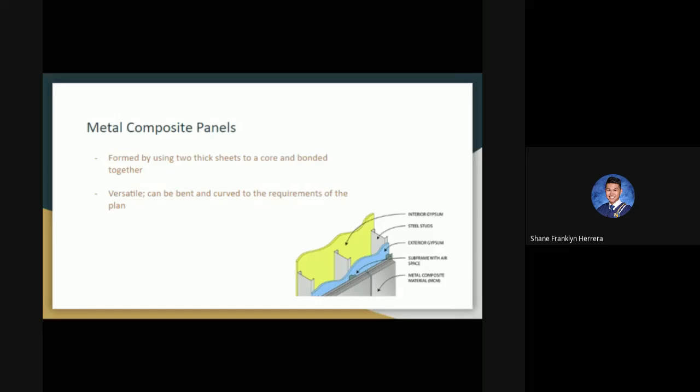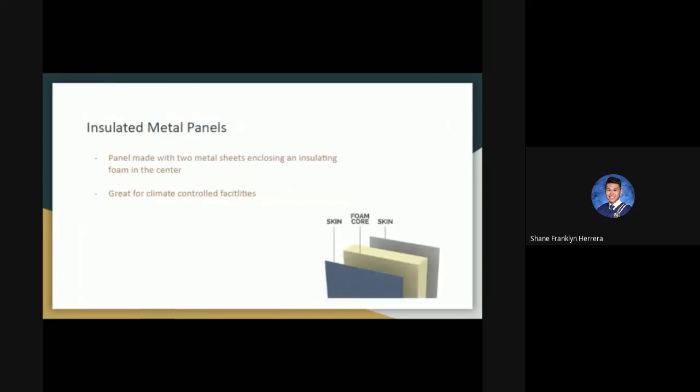They can be bent or curved so they can suit whatever requirement the plan of the building or house is asking for, and they also provide a building envelope, quote unquote, protecting the building from harsh exterior conditions like air and water infiltration.